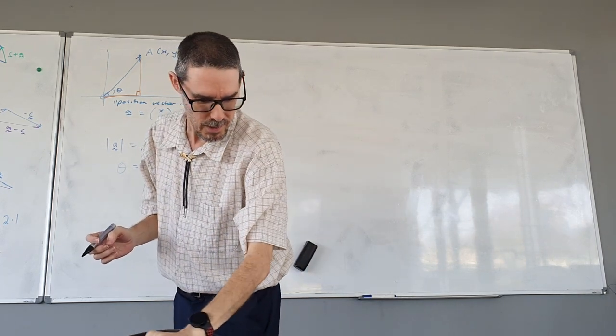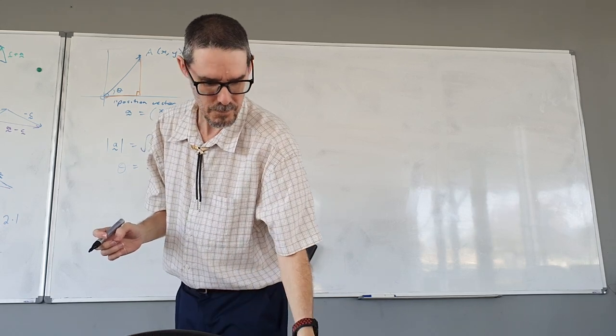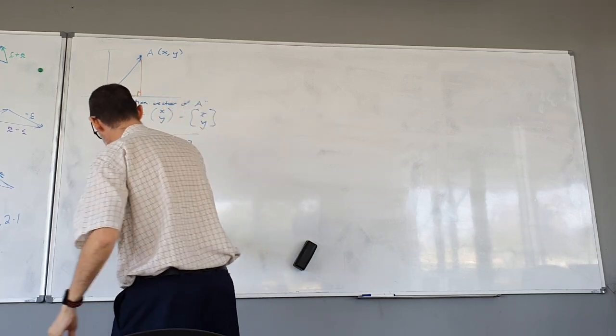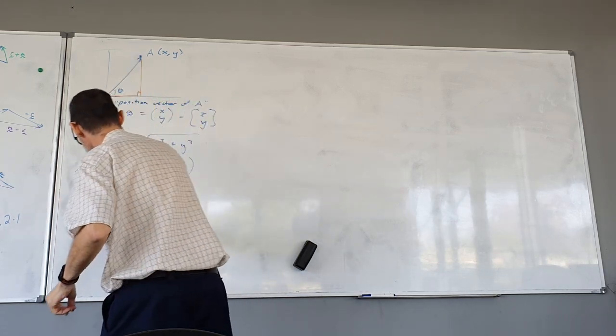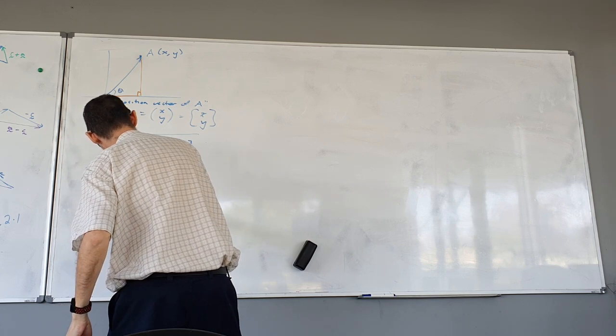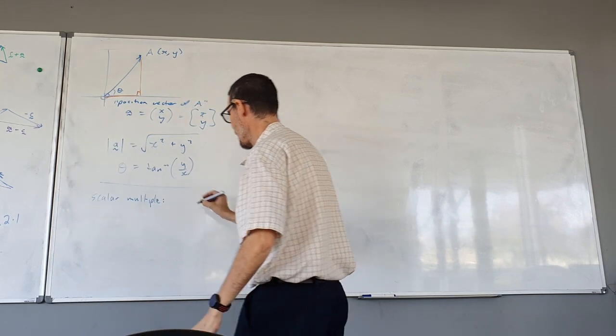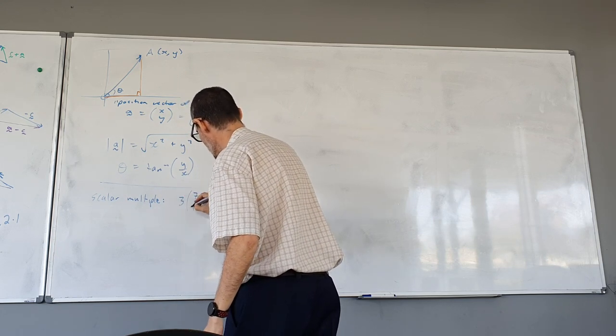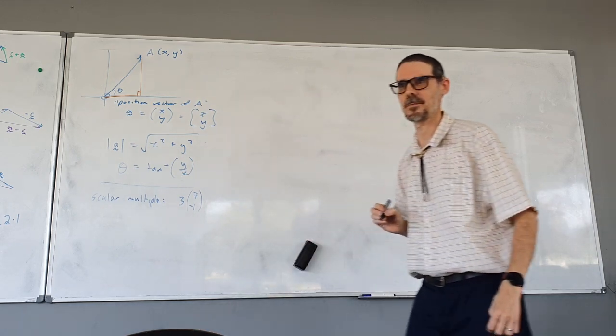Suppose I have a vector, let me do the same things. Scalar multiple. Suppose I have 3 lots of, I'll try and use round brackets, (7, -1).